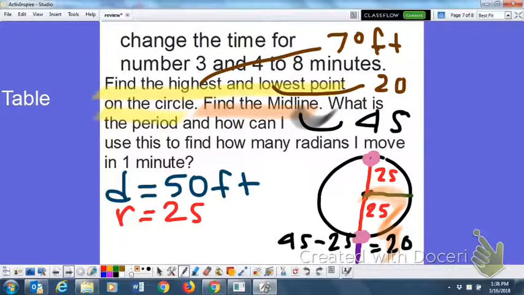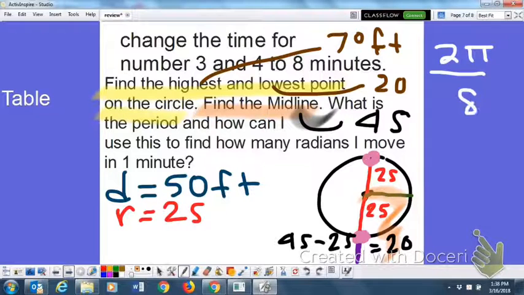All right, so now, how long does it take me to complete a full circle around? 8 minutes. So how many radians is all the way around? 360 degrees or 2 pi. So I go 2 pi in how many minutes? 8. So what do I do with 2 pi and 8?